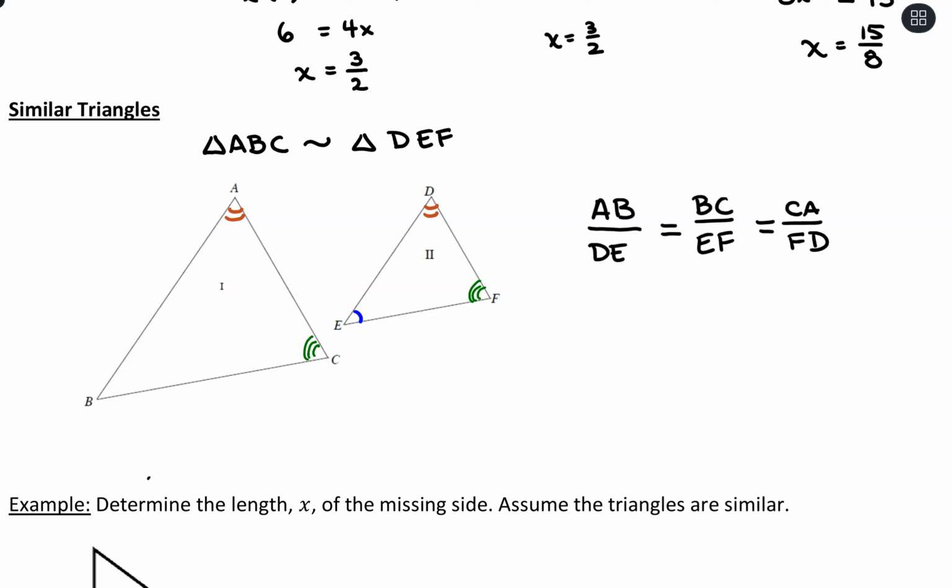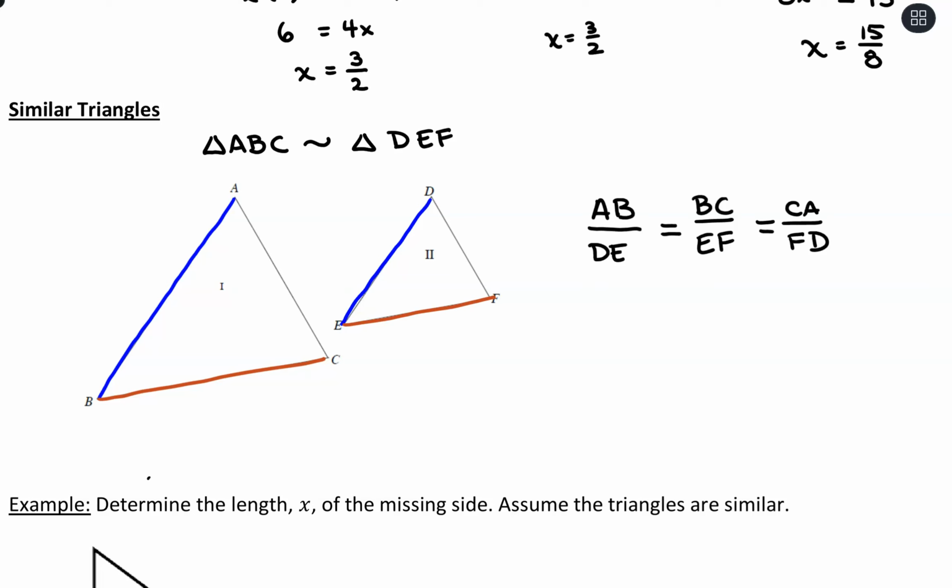So what we end up with here is once we know our two triangles are similar, we line them up, and then we can create these ratios of side lengths. So A to B is similar to D to E. Now we can see those are different side lengths, but the ratio of comparing those two will be the same as the other two matching side lengths.